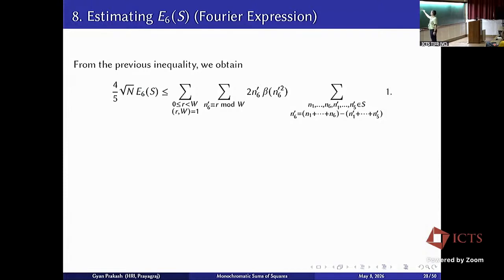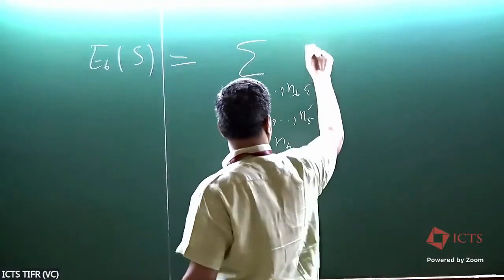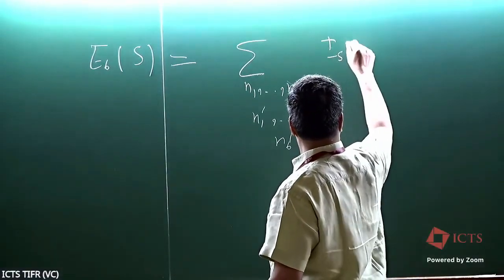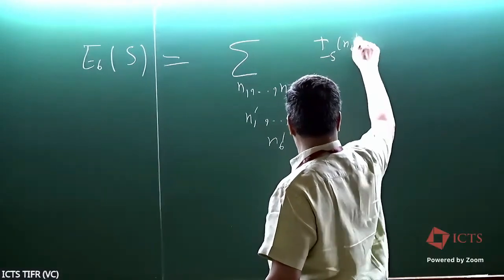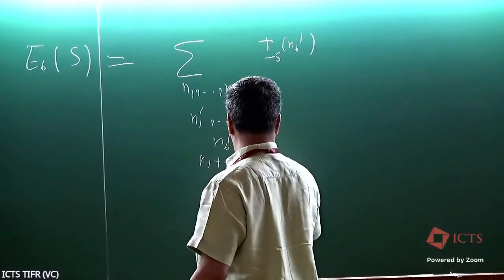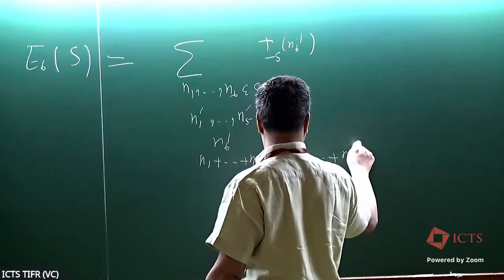Is equal to the summation over N1, N6, N1 prime belongs to S, and N6, and indicator function of S, N6 prime, and 6 prime, such that N1 plus N6 is equal to N1 prime plus N6 prime.